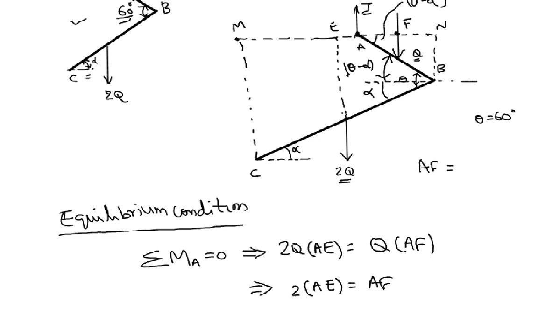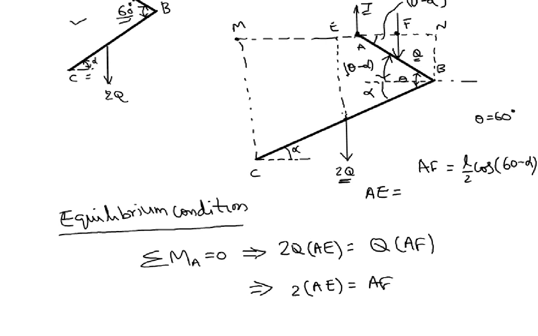So this length AF should be equal to L over 2 cos (60 minus alpha). Similarly we can find the length AE.